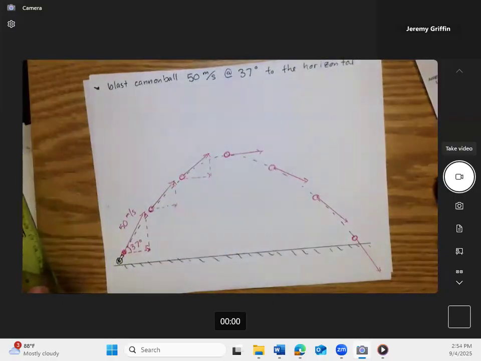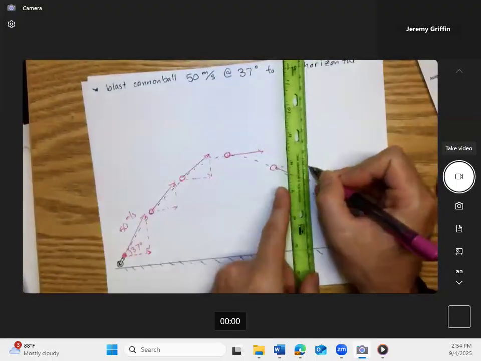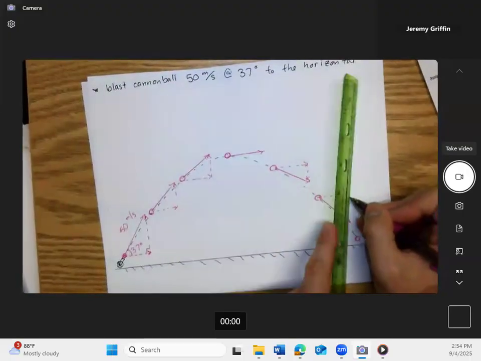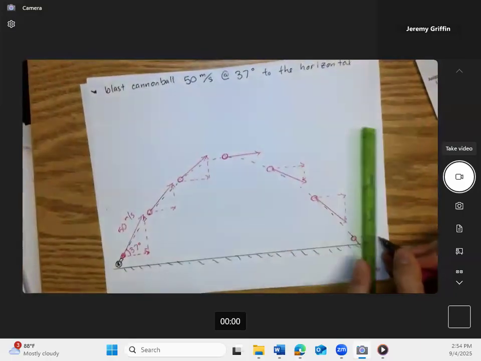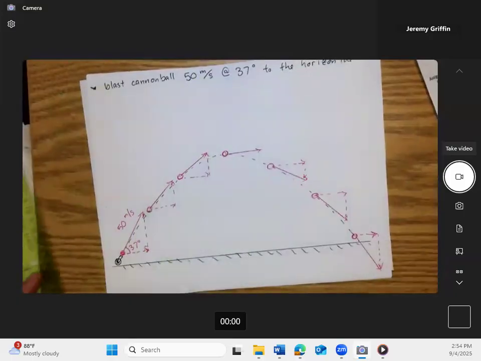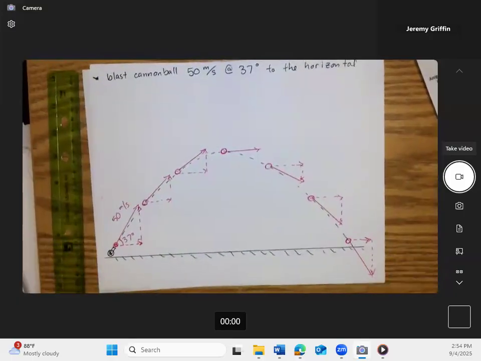I'm making a bunch of right triangles. I think that's pretty close. That looks pretty good.